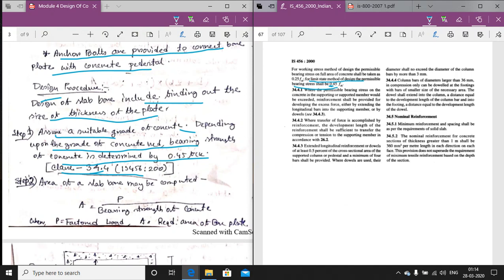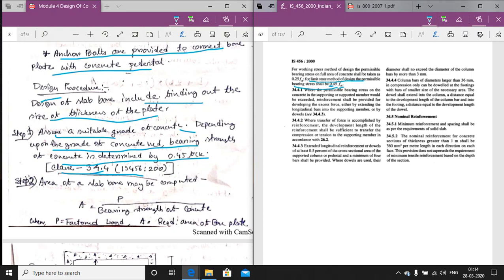What is FCK? FCK is the characteristic compressive strength of the concrete, that we know from concrete design. In RCC design, we know FCK is the characteristic strength of the concrete, that is the compressive strength after 28 days curing. So we will take the 0.45 FCK value, not 0.6 FCK. This is very important in the exam.